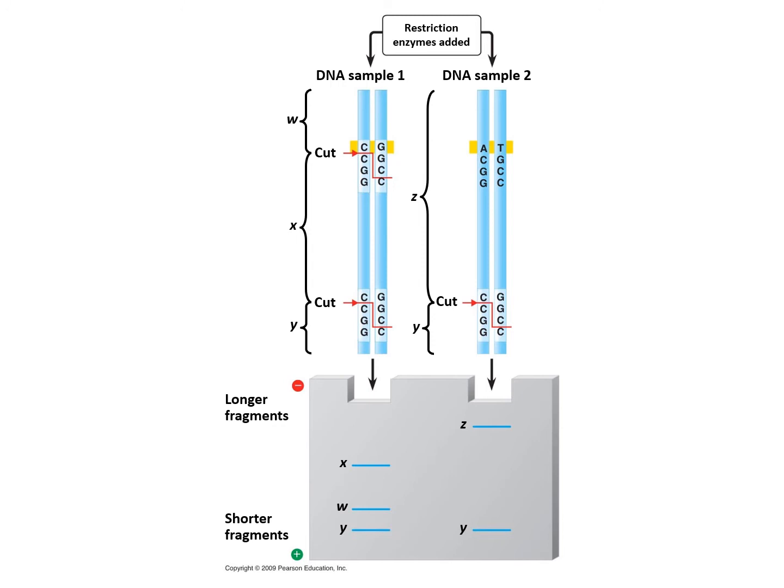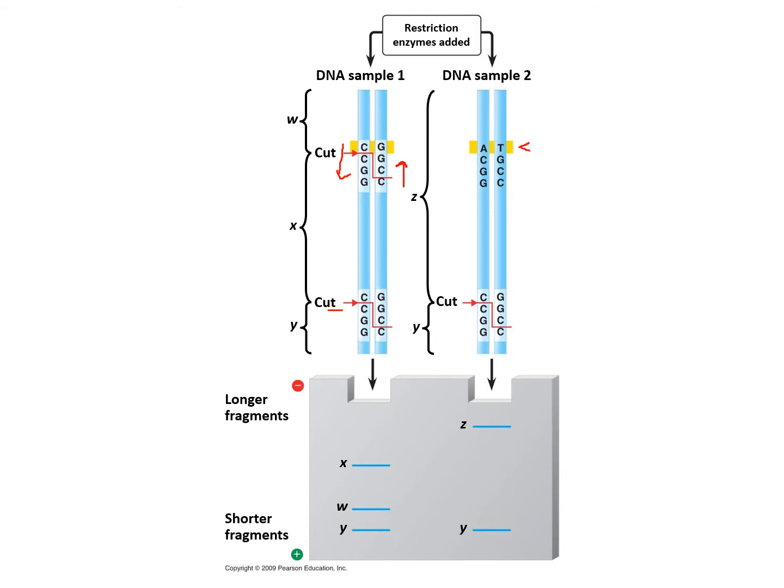So we can look at that here. The restriction enzymes are added, and they do a little dogleg cut because DNA runs in that anti-parallel fashion. So you've got CCGG here and CCGG going in this direction and in this direction. What it's looking for, it's cutting between the C's. When it sees a CCGG, it cuts between the C's. So you see there's a cut here and a cut here.